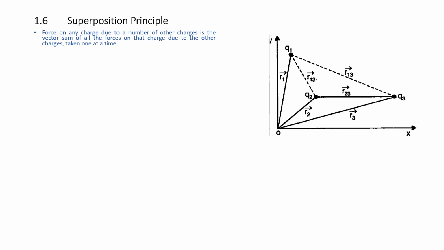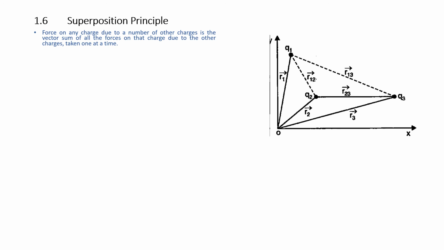Here there are three charges Q1, Q2, Q3. Q1 is located at a distance r1 from the origin O. Q2 is located at a distance r2 from the origin O. Similarly, Q3 is located at a distance r3.